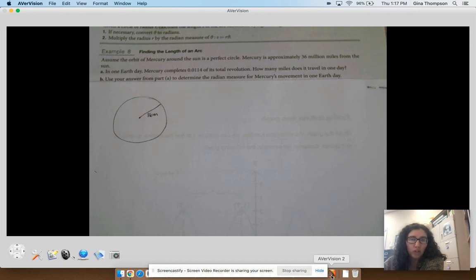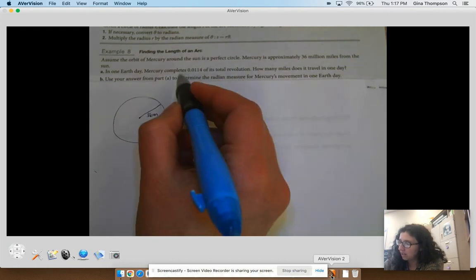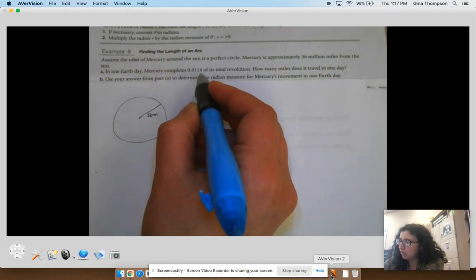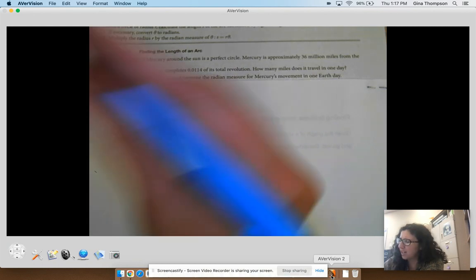In one Earth day, Mercury completes 0.0114 of its total revolution. How many miles does it travel in one day? So it's telling us it completes 0.0114 of its total revolution. What is its total revolution?